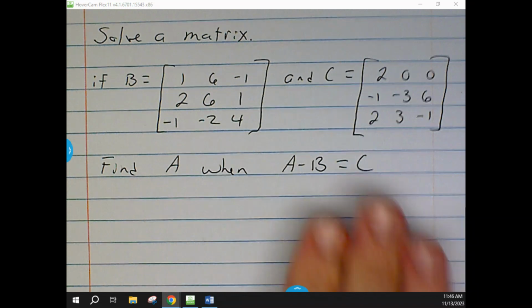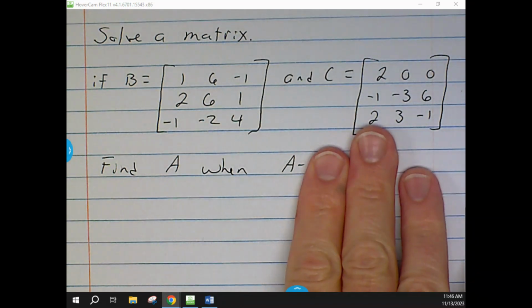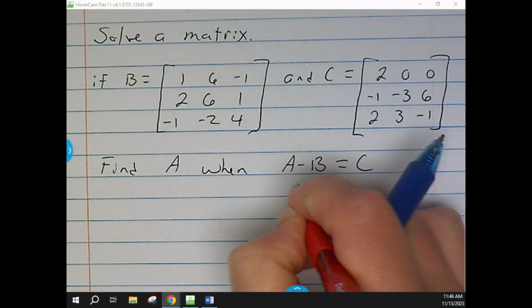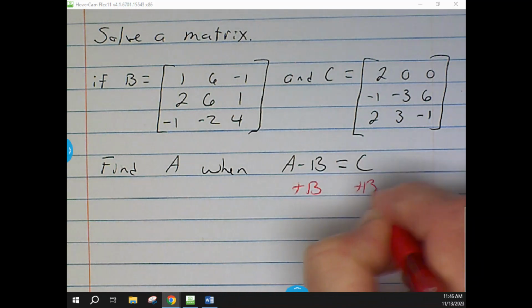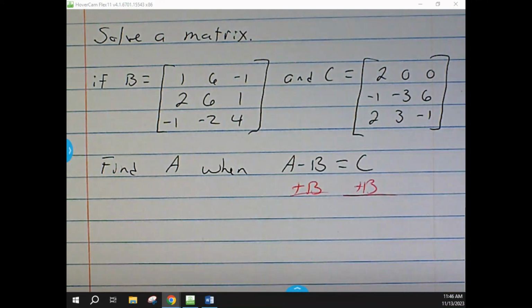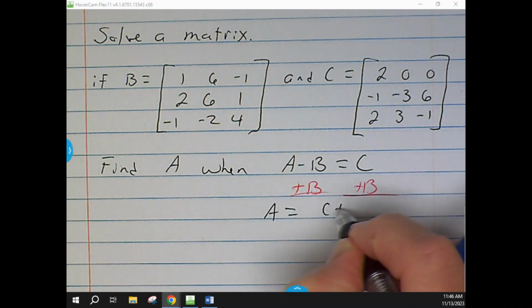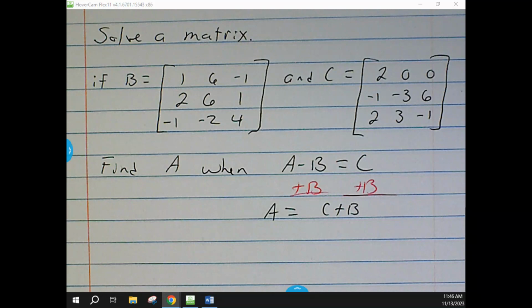If you've got to solve for A, if this was A minus 2, you would do a plus 2, right? So for this one, same thing. We're just going to do a plus B on both sides to get A by itself. So A is going to equal C plus B.